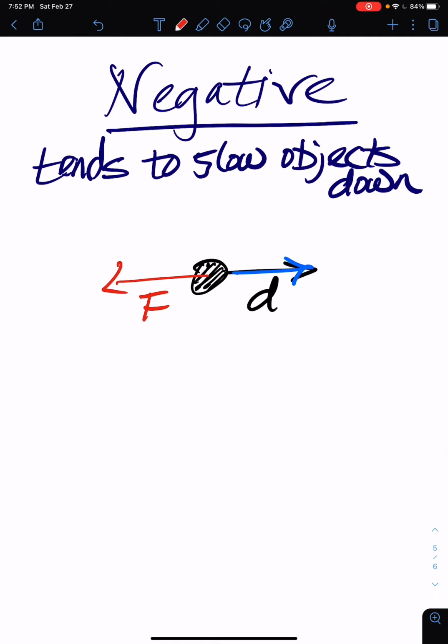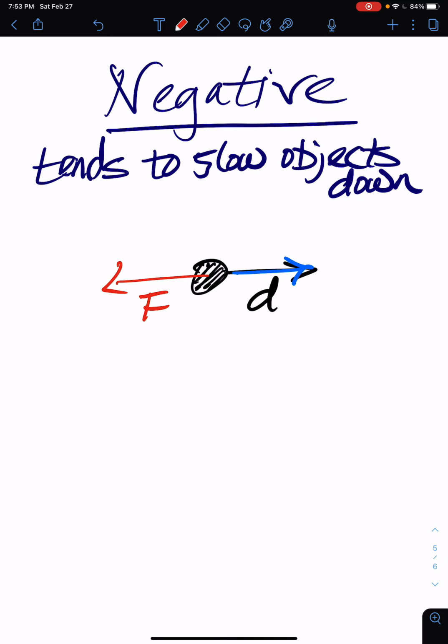I'm trying to think of an example of this. I guess if you were bench pressing in the gym, and you just took the bar off the rack and you were lowering it down. When you lower it down, the distance is towards you, and you're bench pressing, but the force is which way?